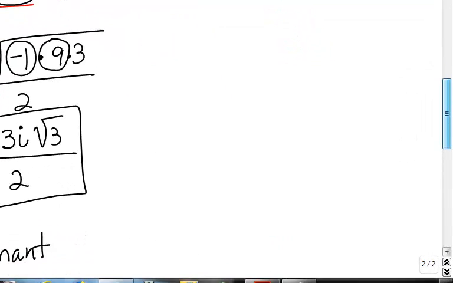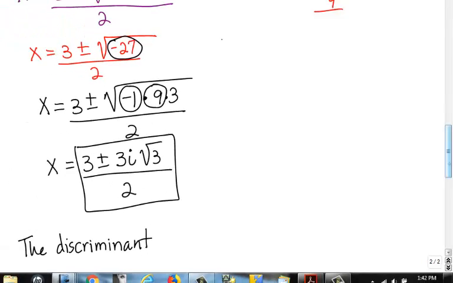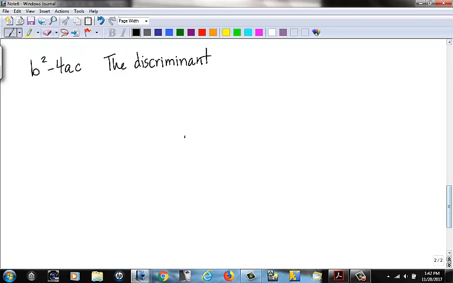There is a table in your book, on page 268. We're actually going to put most of that table in the notes.